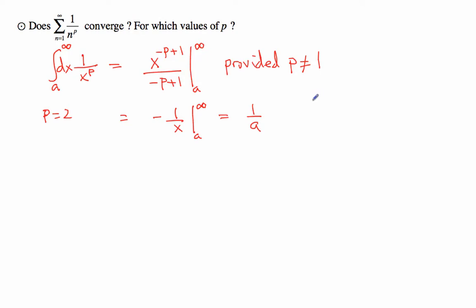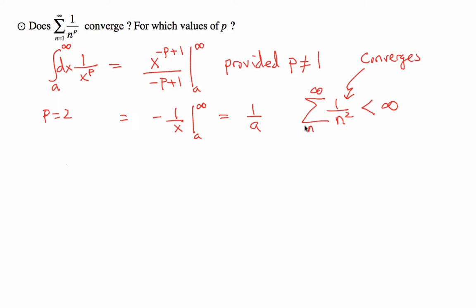What we conclude, therefore, is that the sum of 1 over n squared, where n goes up till infinity, so it doesn't matter where it starts from, whether it starts from 2 or 3 or 4, whatever, is finite, less than infinity, and so this infinite series converges. It converges because this integral is finite.